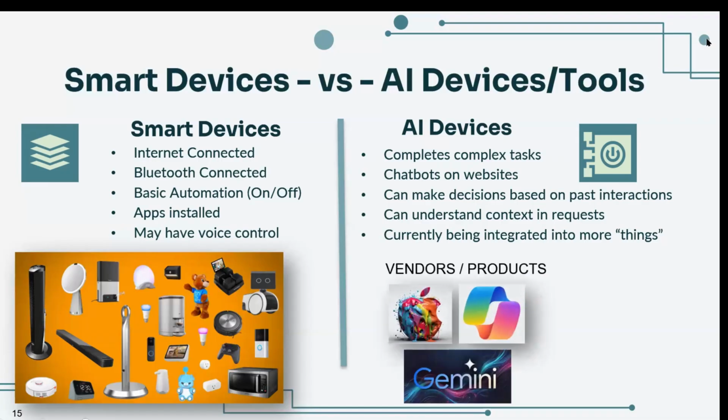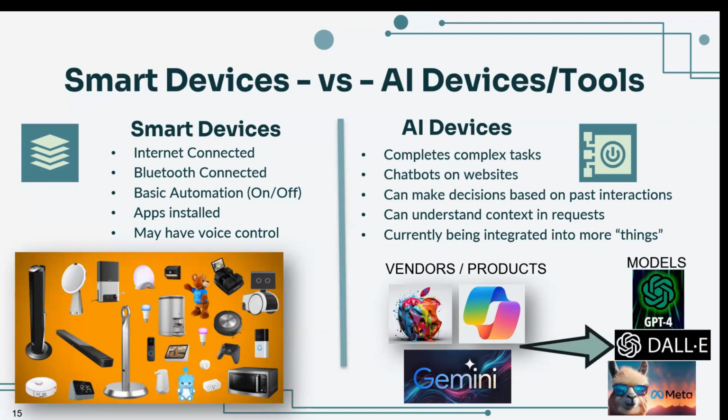So here's what you need to understand about AI devices. There are large vendors or products out there, like Apple, like Microsoft, like Gemini. OpenAI would be the product. The difference between the product and the model is that Apple is the product that the AI is installed in. Like your iPad, your iPhone, your watch, your assistant, your Google Assistant. Those are the products.